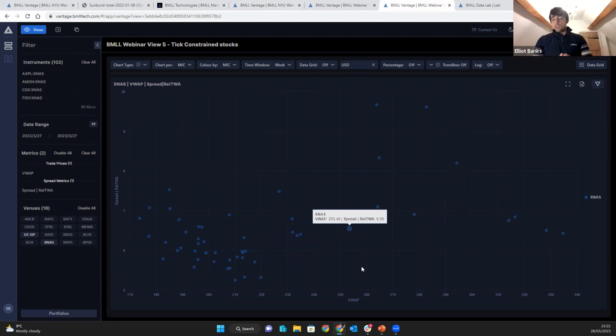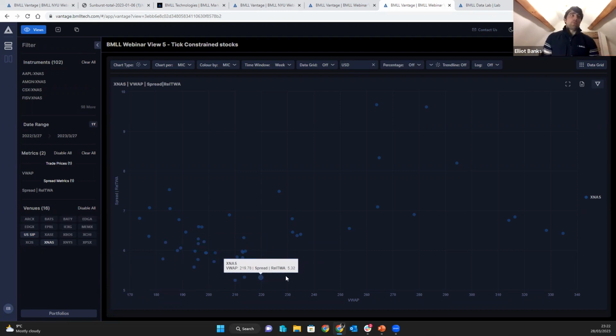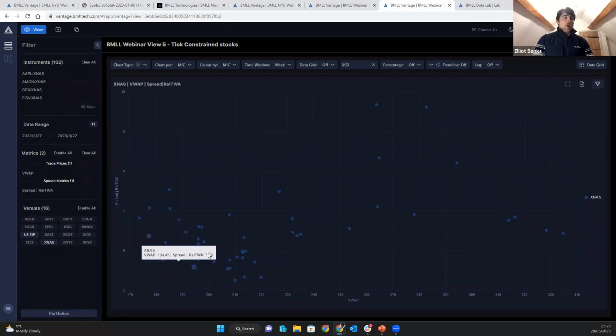Obviously different liquidity stocks have different spreads, but around, in this case, 200, and it tends to be around this point with a single cent tick, spreads are actually higher here. Now the reason they're higher at lower prices is that beyond a certain point, even if you want a spread that is tighter in basis points, you can't, because physically 1 cent of $1 is a lot more than 1 cent of $1,000.